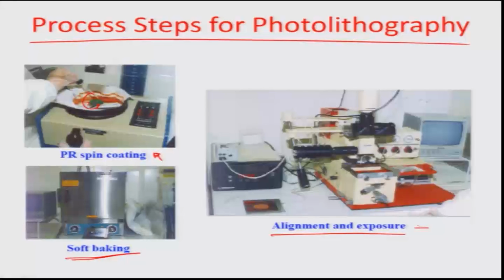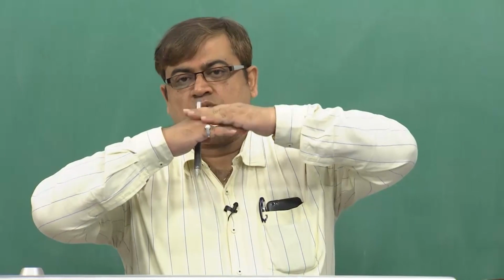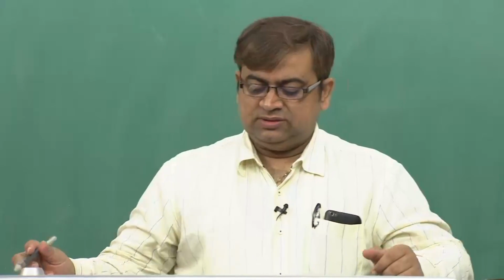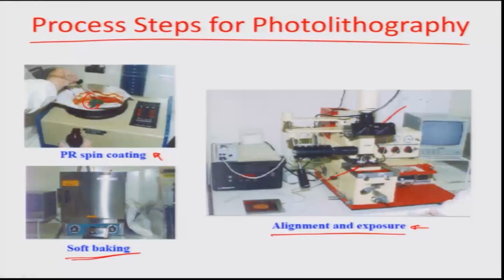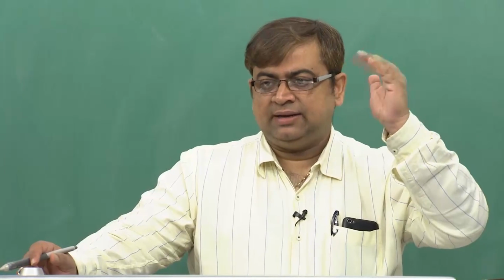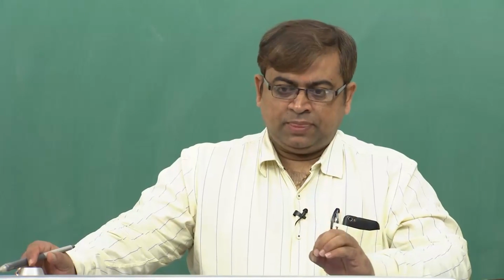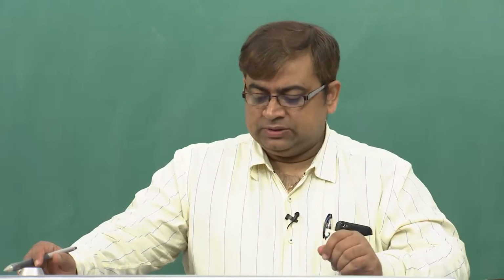Then there is alignment and exposure, which means that you have a mask which is now laid out exactly over the resist coated surface with almost 0 distance in contact lithography, which you could actually see through a microscope right here by positioning the mask and moving the wafer in the z axis towards the mask, so that you could see the wafer very closely.